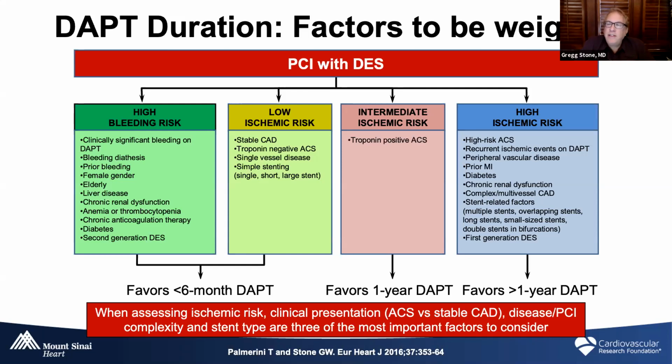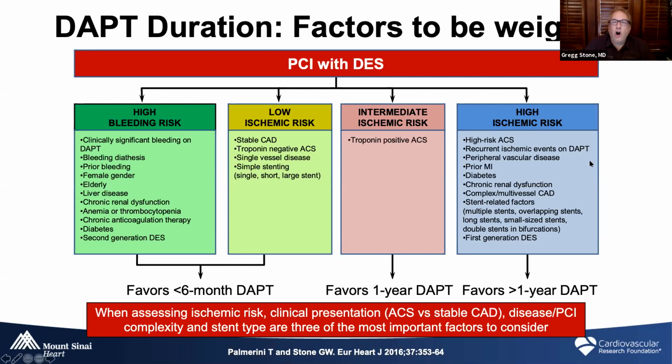But that's really not true. For example, acute coronary syndromes, stent type, and disease complexity primarily predict ischemic risk. In contrast, age, recent bleeding, baseline anemia, and use of chronic oral anticoagulants primarily predict bleeding risk.